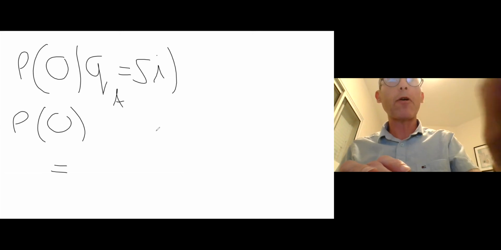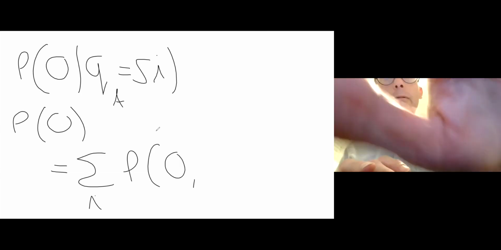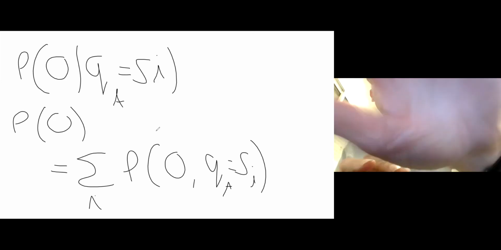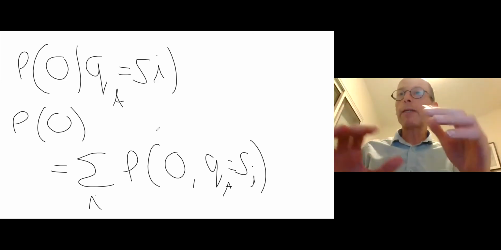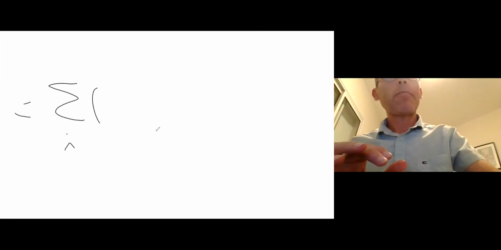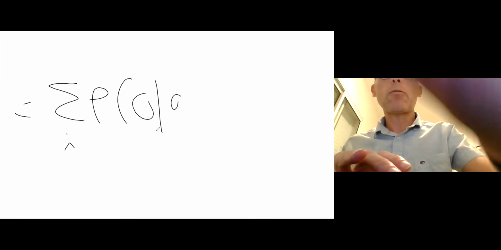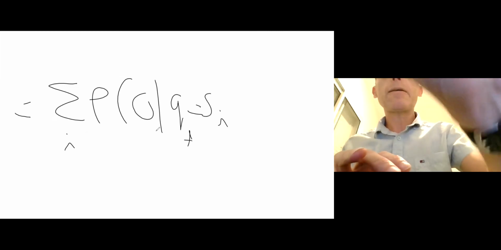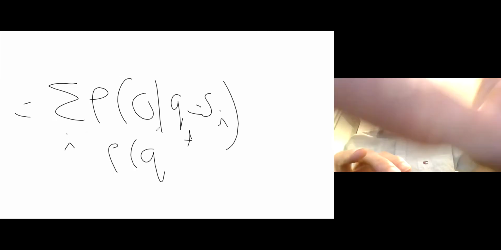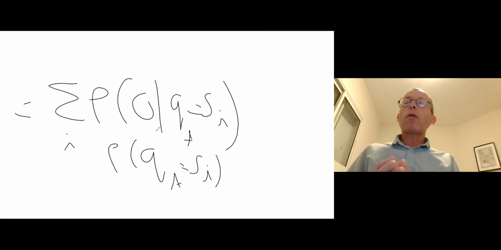P of O equals sum over I of P of O and QT equals SI, which equals sum over I of P of O given QT equals SI, times P of QT. We haven't used anything, we just derived one way to use it.